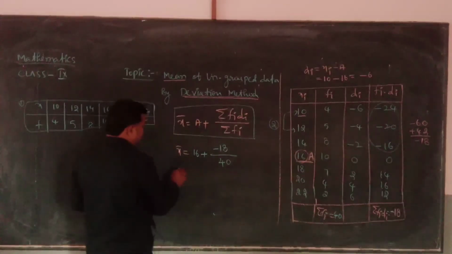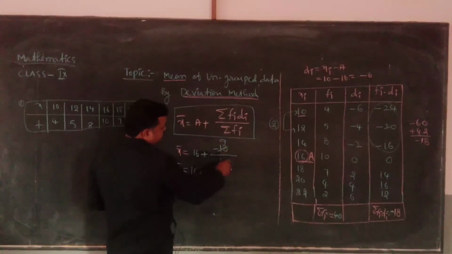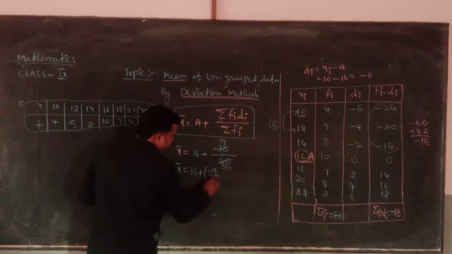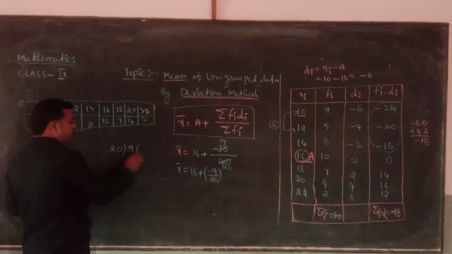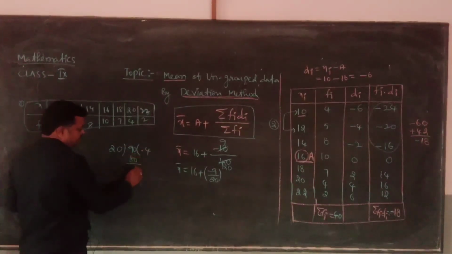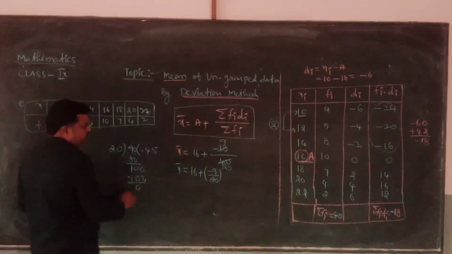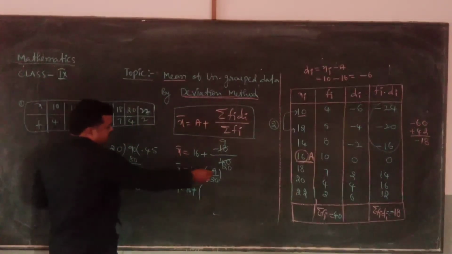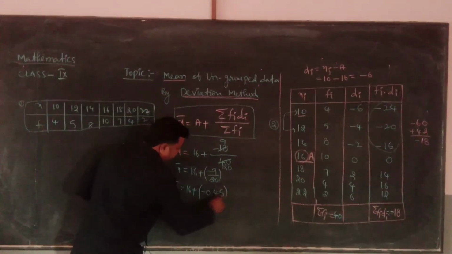So x bar is equal to 16 plus minus 9 by 20. 9 divided by 20 gives 0.45. So x bar is equal to 16 plus of minus 9 by 20, which is minus 0.45.